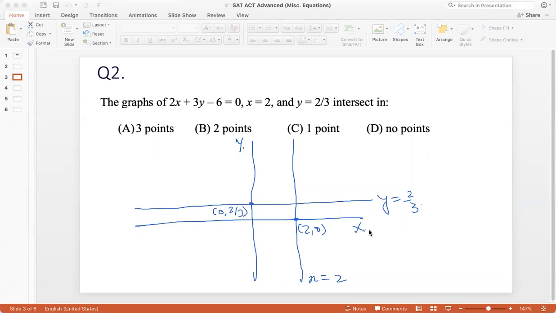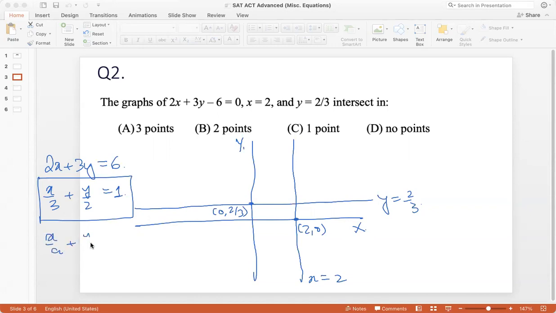Okay, what about 2x plus 3y minus 6? So I can say 2x plus 3y equal to 6. If I divide the whole equation by 6, I get x by 3 plus y by 2 is equal to 1. Now this is the intercept form of the linear equation, right? When we write the equation as x by a plus y by b equal to 1, then the equation has an x-intercept of a and a y-intercept of b.